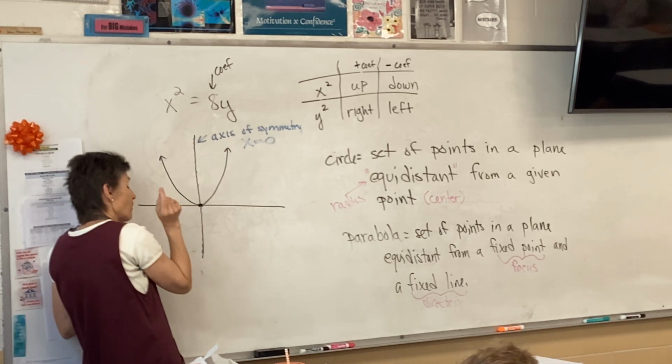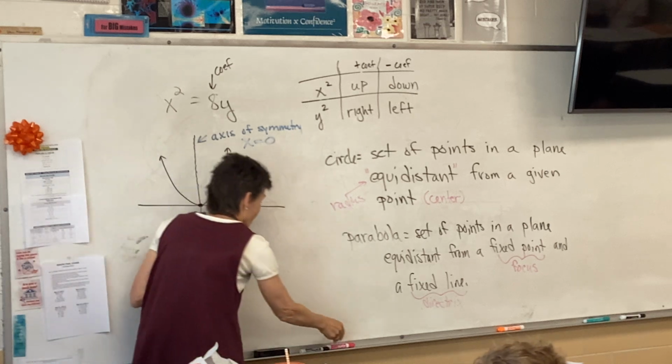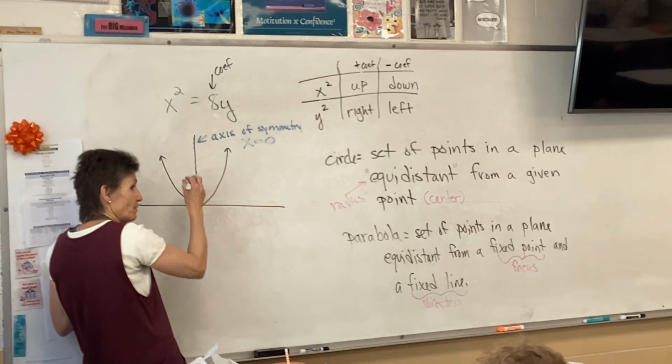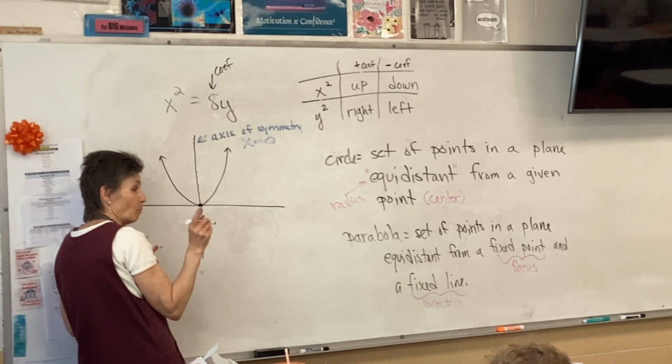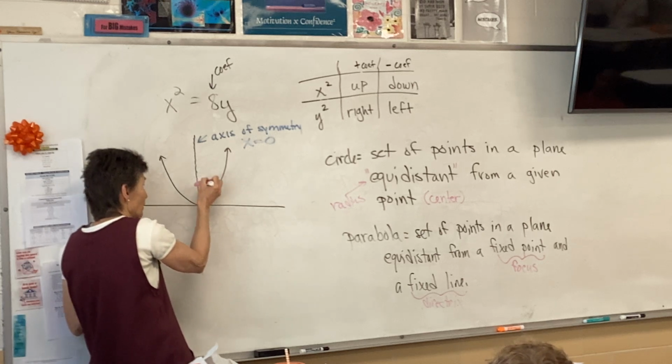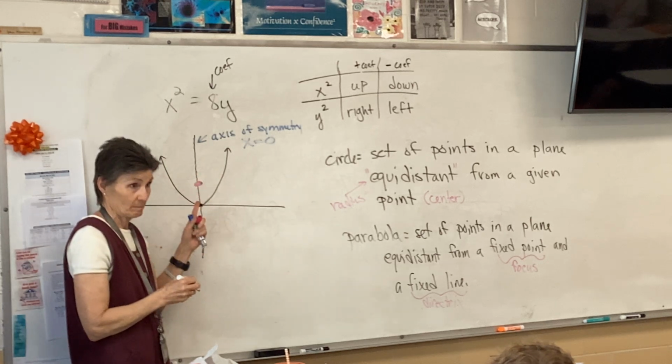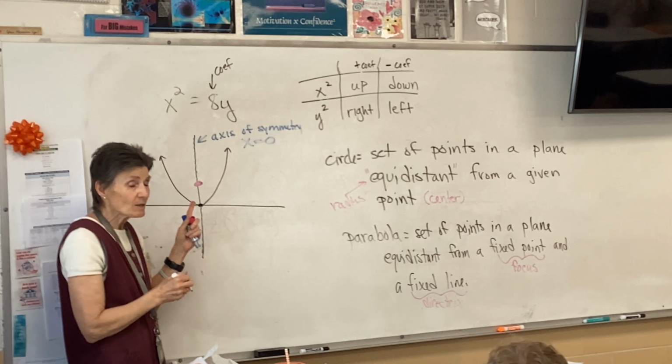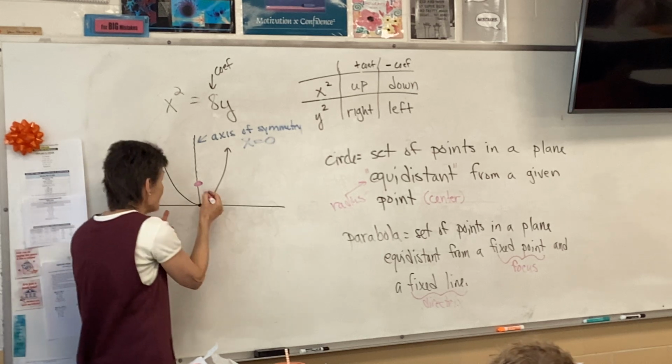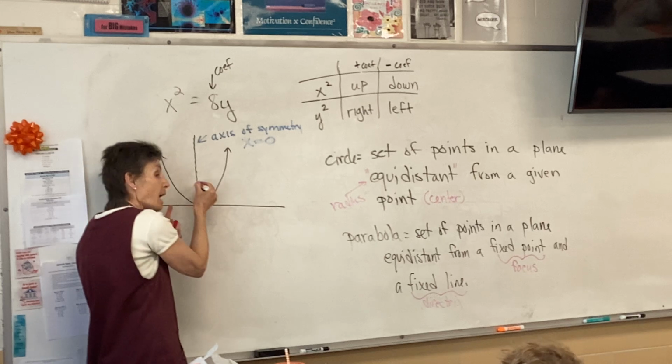Your focus is on there somewhere. Now, don't plot it yet, 'cause I'm going to tell you exactly where to put it. In order to figure out where it is, you need to know how far up it is.